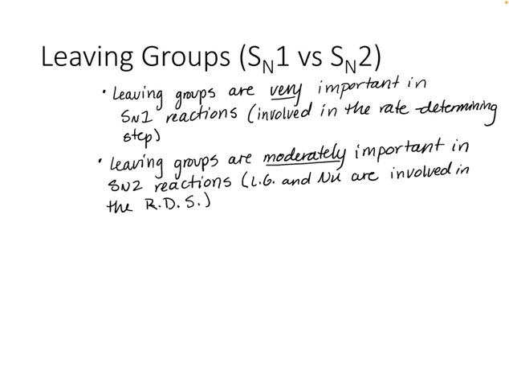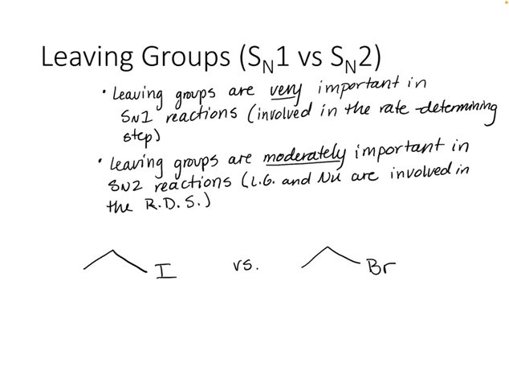Okay, so let's compare two alkyl halides and their leaving groups. So on the left, we have an alkyl halide with iodine, and on the right, we have an alkyl halide with bromine. So which of those halogens is the better leaving group?